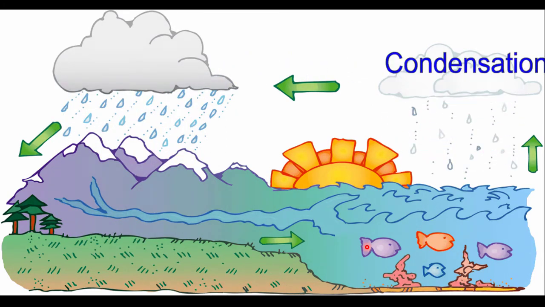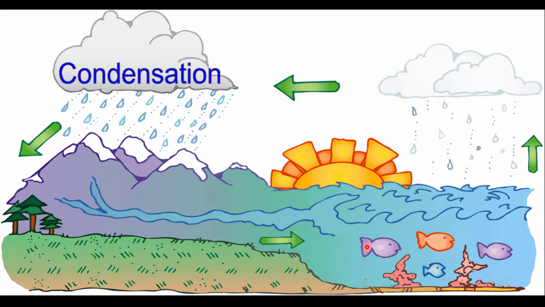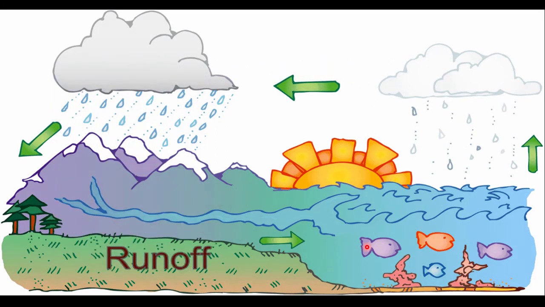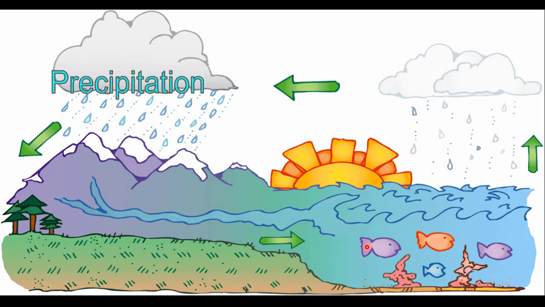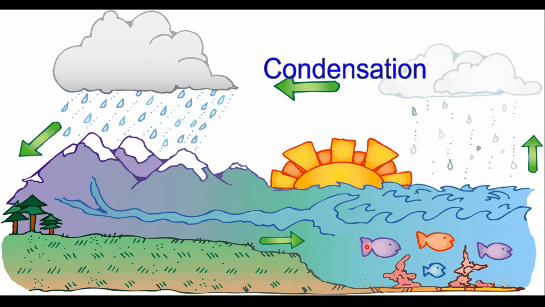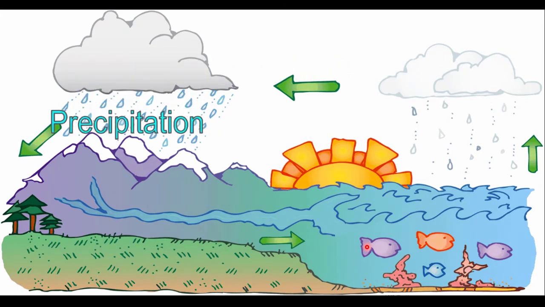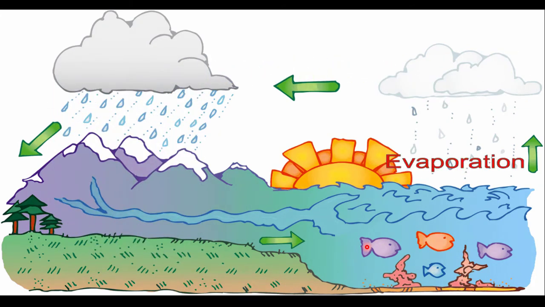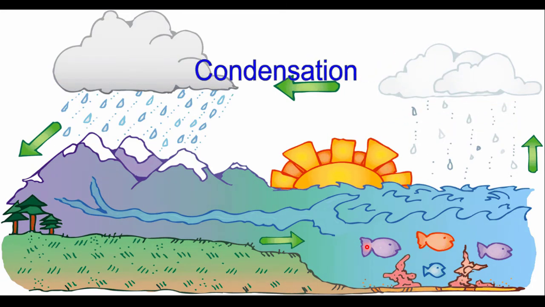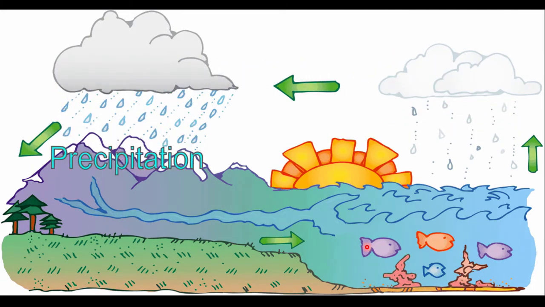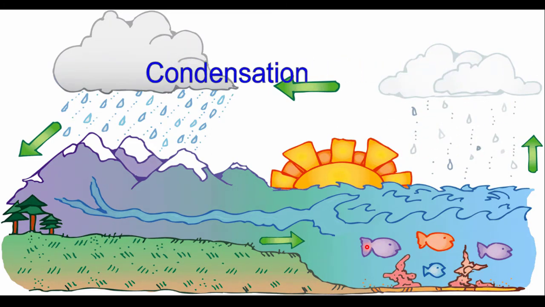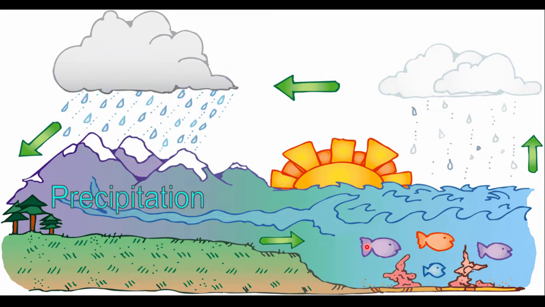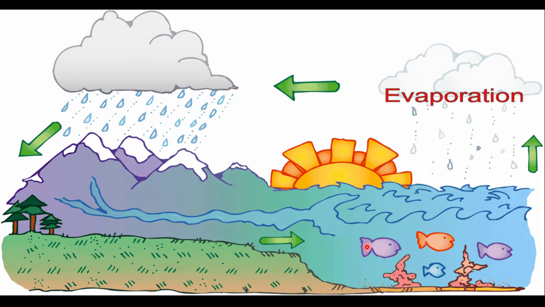Sometimes water vapor leaves plants and soil by transpiration or evapotranspiration into the atmosphere. This evaporated water gathers in the atmosphere over a long period to form a large amount of clouds and fog. These clouds condense to form water droplets. This happens because the temperature in the atmosphere is lower than that on the Earth's surface.